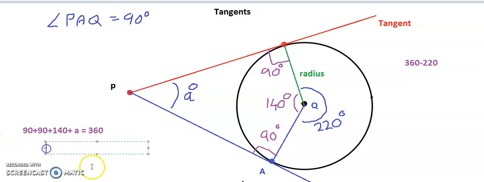So if I want to find out A, I know it's going to be 360 take away 90 plus 90 plus 140, which is 320 degrees. So that tells me that my A must equal 40 degrees. So A is going to equal 40 degrees.